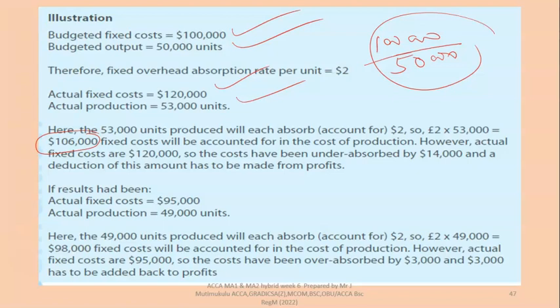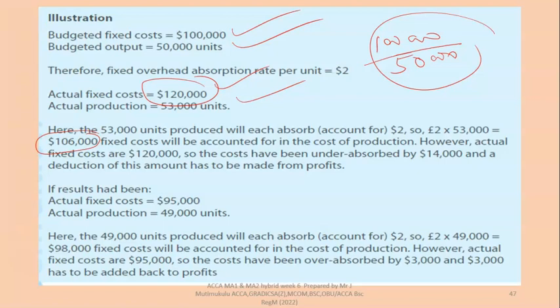The actual was 120,000 versus the 106,000 absorbed. So there was an under absorption, and a deduction of this amount has to be made from the profit. When we under absorb, it means that we under accounted for expenses, so we have to deduct the extra from the profits.